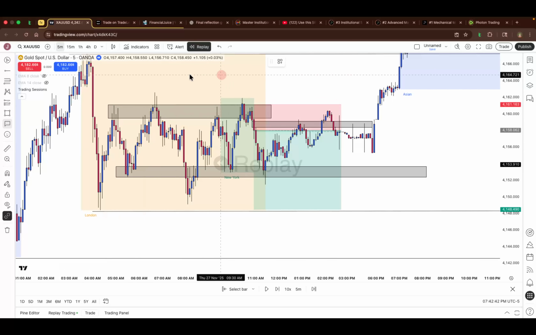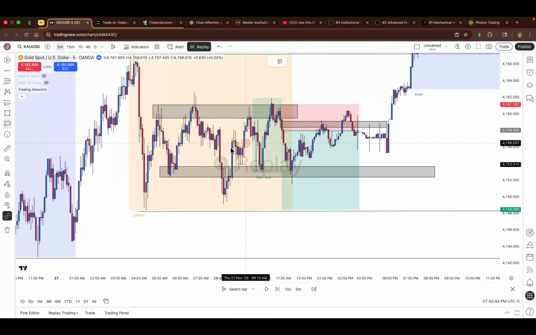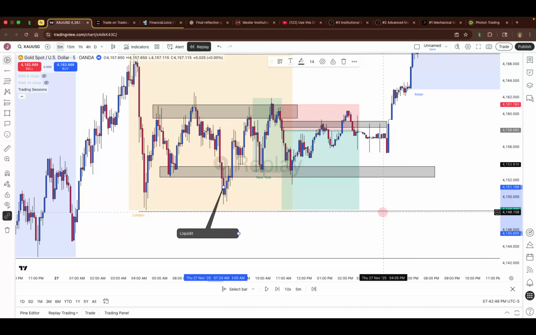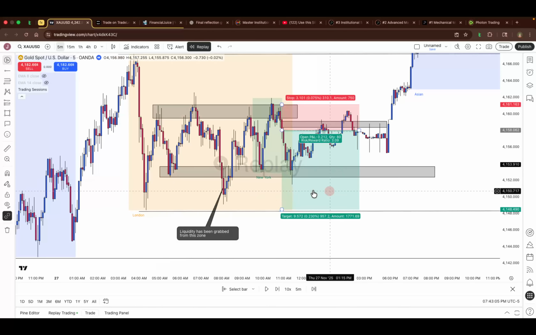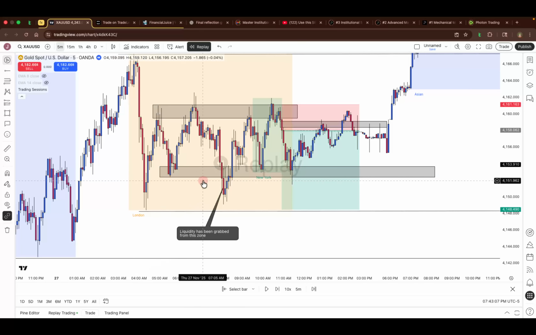Where do we start? Okay, right here. Liquidity has been grabbed from this zone. So this just shows us that this is a point where institutional buying is in power, right? Near this liquidity zone. You see stop losses are below this. Boom. See, again, this has been happening time and time again.